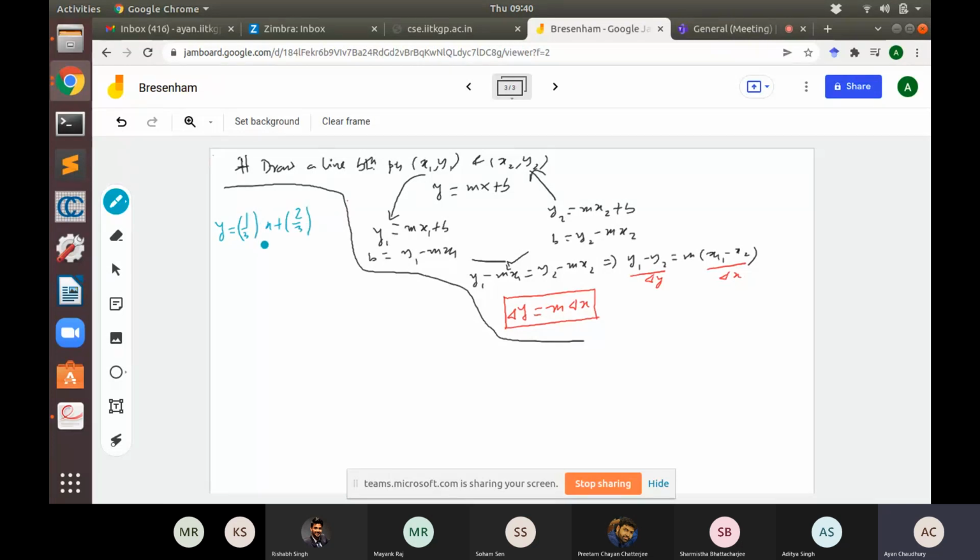What we'll try to do is, for every value of x, see what the value of y is. We assume that there are discrete x values, 1, 2, 3, 4, 5, and so on. Pixels are discrete, right? So we can assume that these are discrete values.